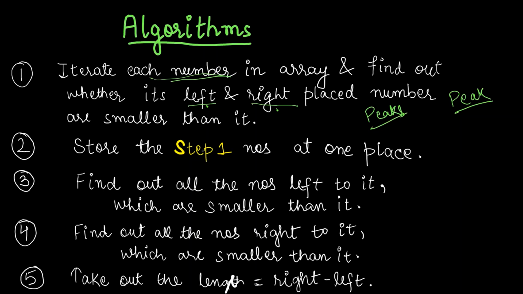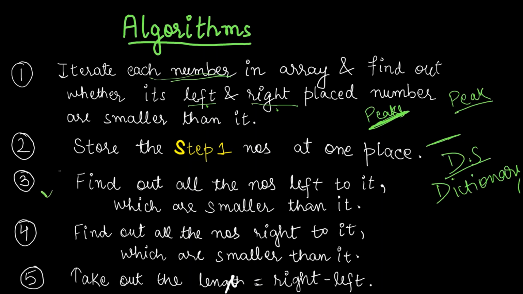Then we will be keeping these peaks in one data structure. Here I'll be keeping them in a dictionary with respect to Python, or you can use a hash map if you're using another language. So by now we got the peaks over here.